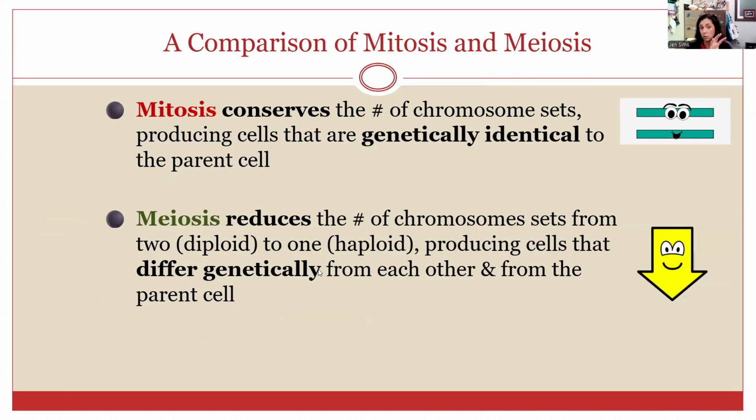So you go from diploid, undergo 2 sets of division, and you go down to haploid. And the whole idea of this is that you differ genetically. You're trying to make different genetic combinations in each and every cell.